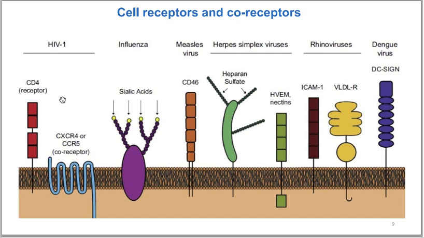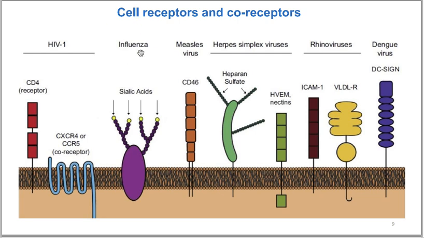Here you can see the CXCR receptor, CCR5 receptor, and CD4 receptor where HIV can interfere. Cells are not expressing these receptors for HIV or viruses. They are expressing them for their own physiological functions, but viruses can take advantage of those.